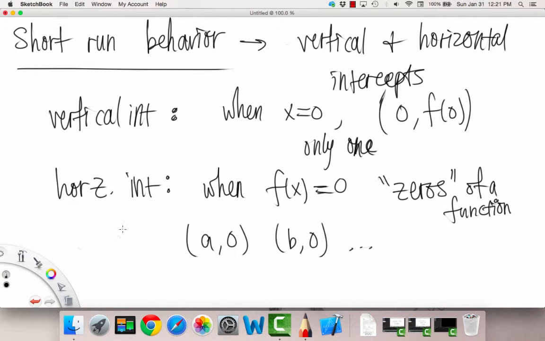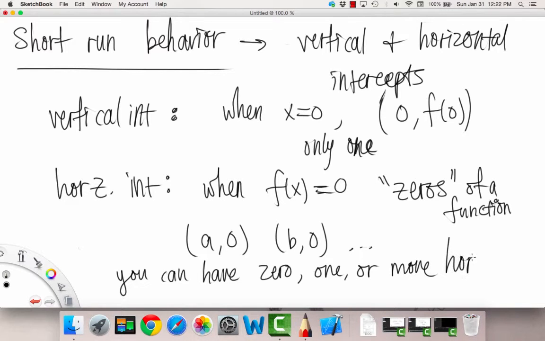That's fine. Your graph can cross the horizontal axis more than once. You can have 0, 1 or more horizontal intercepts for a function, and we'll go over that in the future.